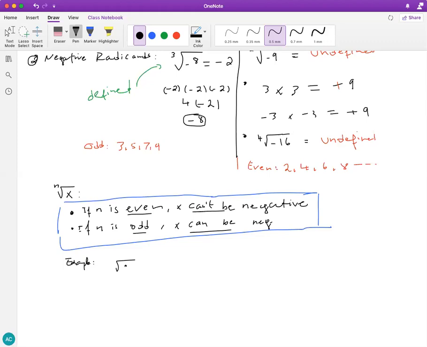What is the square root? Or before I write this, let me put 36 here. What is this expression equal to? What is the value of it?